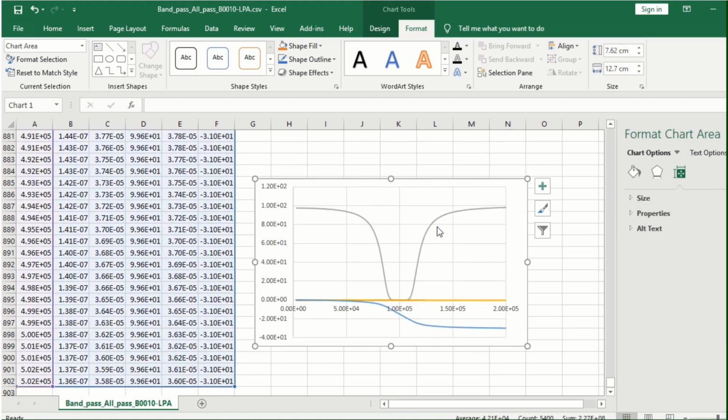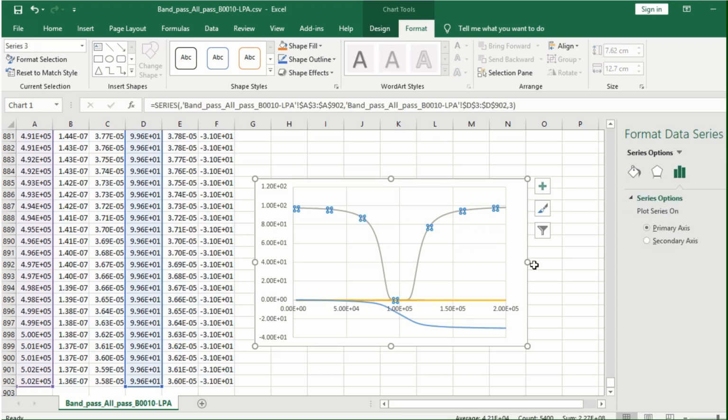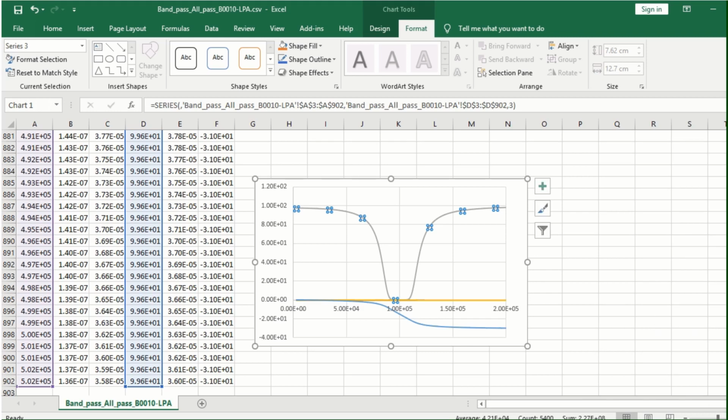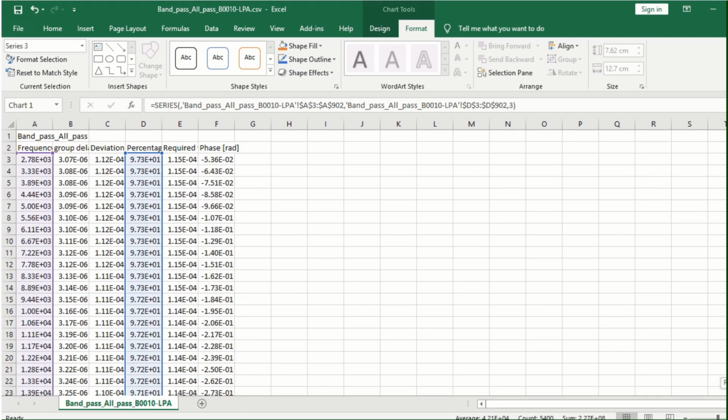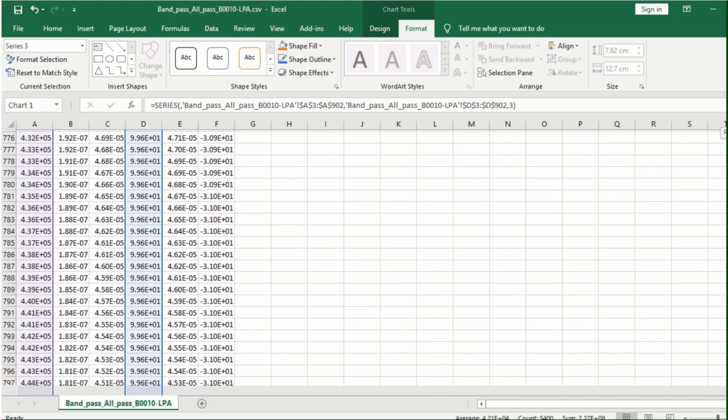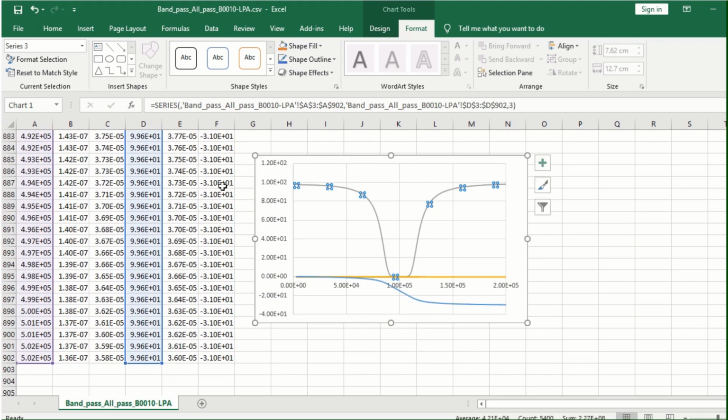What we are looking at now is the relative error of approximation of the group delay, which converges outside of the approximation interval to 100%, of course.